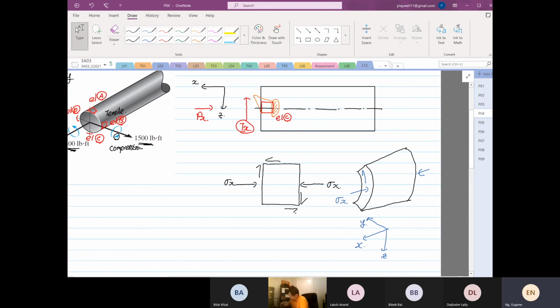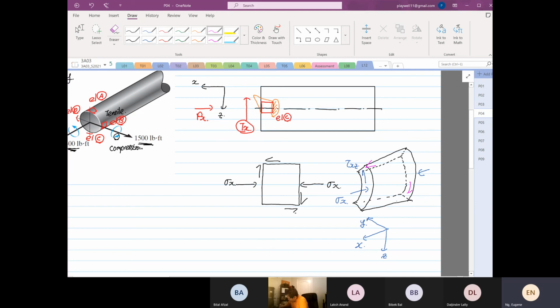Okay, so if we were to look at the intersecting plane, the intersecting plane for the shear is x, z. Okay, so if I were to draw a dotted line, right, our shear, we have another shear component over there.